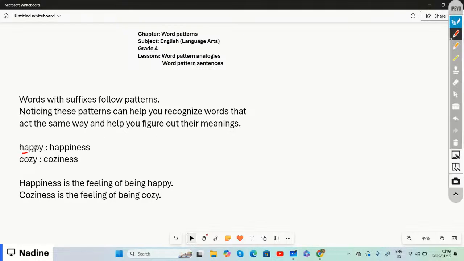So here we have our word, which is happy. And if we add a suffix to that base word, the suffix ness, then it becomes happiness. So it's first just happy, but then we added ness to that word, and now we have happiness.